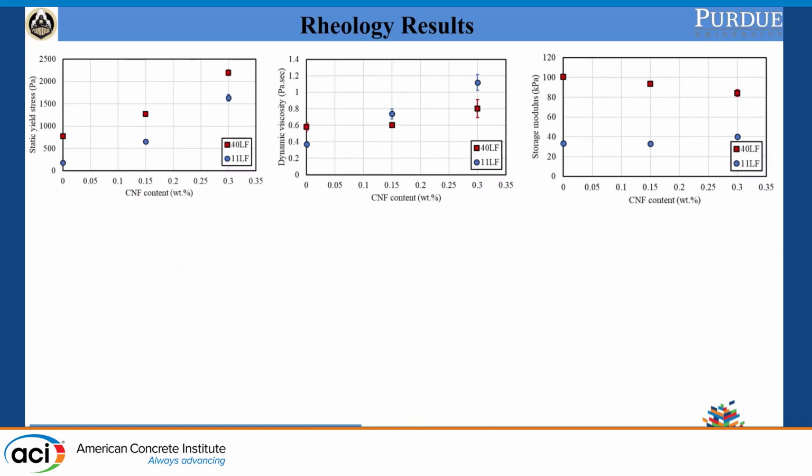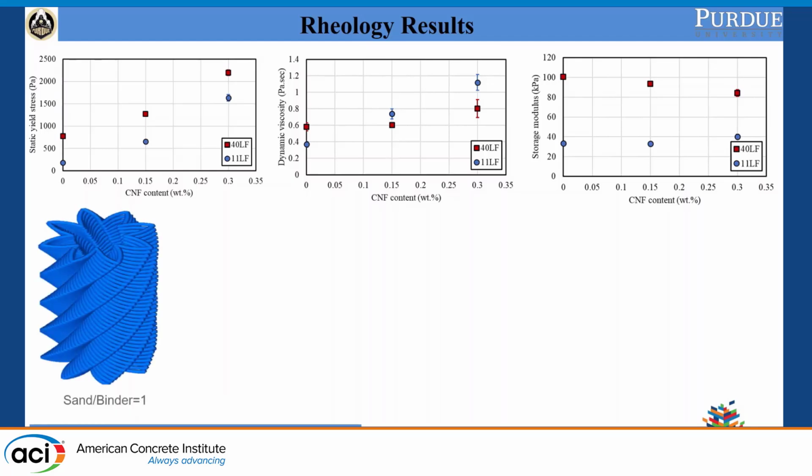So how will the printing look after we test all these rheology parameters? We designed a structure with a really large overhang, because in order to print this, of course, you need good rheology properties: high static yield stress, high stiffness, and high critical strain.